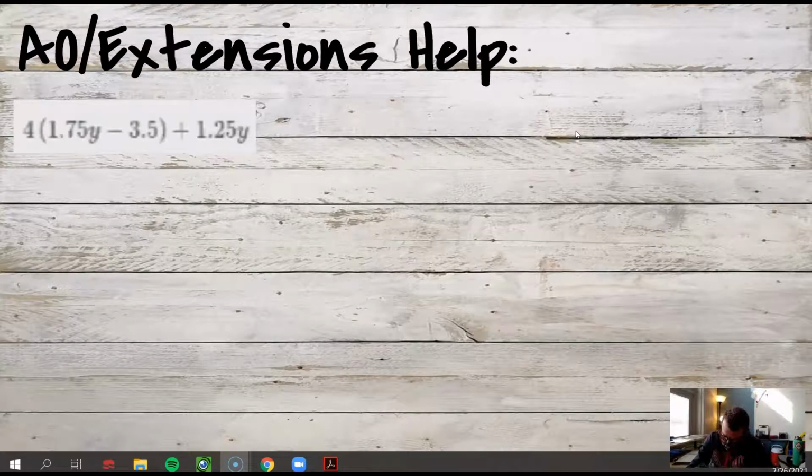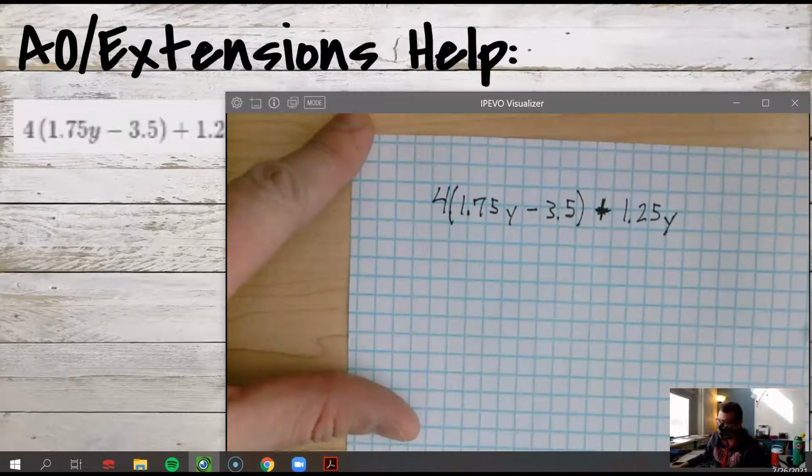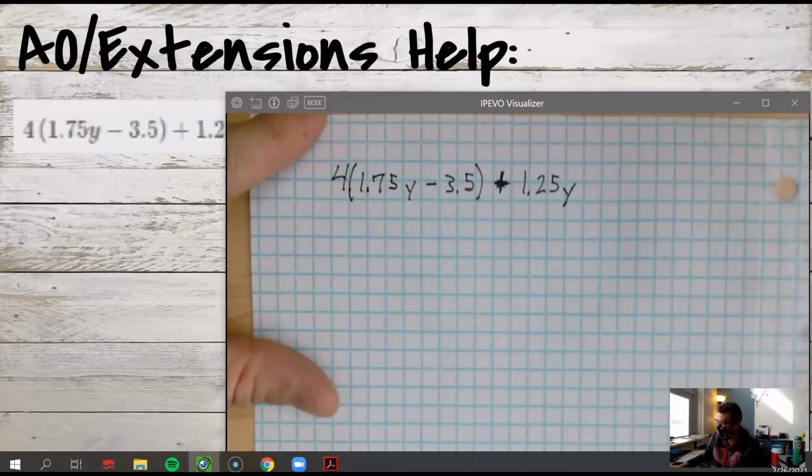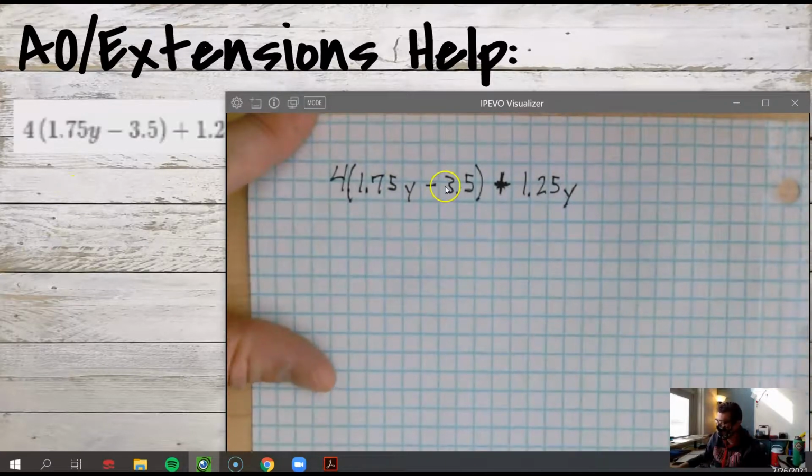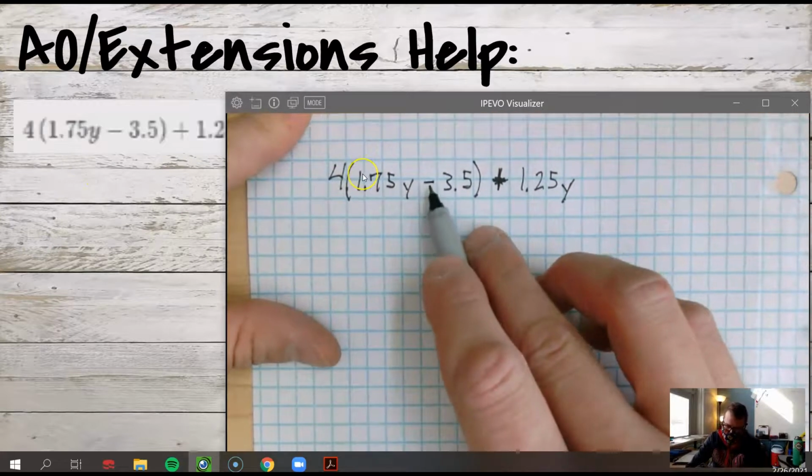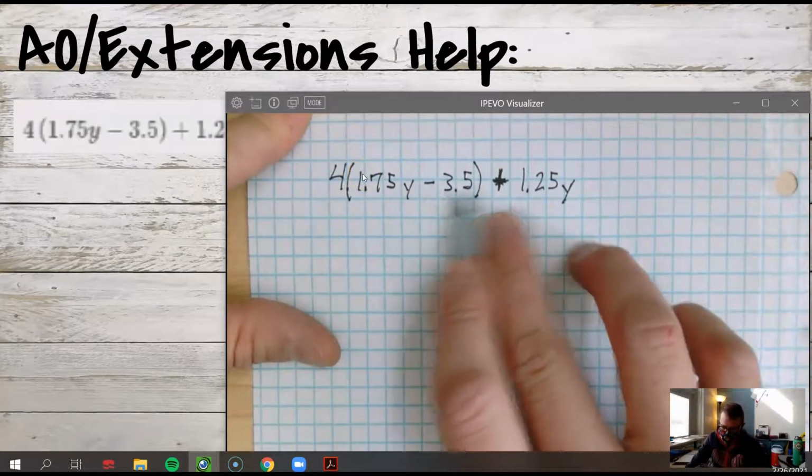Ooh, not equals. So you shouldn't do math in a pen, friends. Bad idea to do math in a pen. But here I am doing math in a pen. Alright, so I copied it down. I double check my signs. I think about, well, this is either minus or negative. So really I've got a negative 3.5 here.